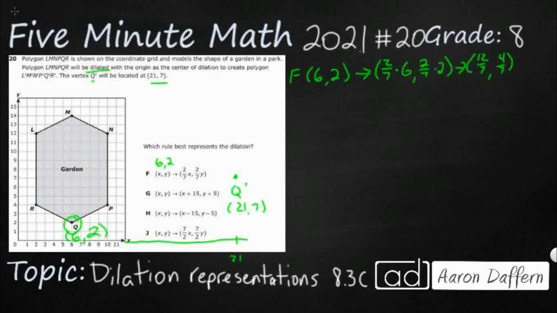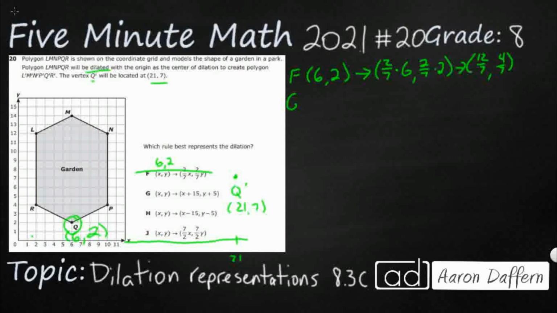That's definitely much smaller, but that's not going to help me. My 12/7 is 1 5/7, so it's about right there. Not really what we're looking for. It needs to end up over here at (21, 7). So that shrunk it. Looks like I'm going to need to grow it.